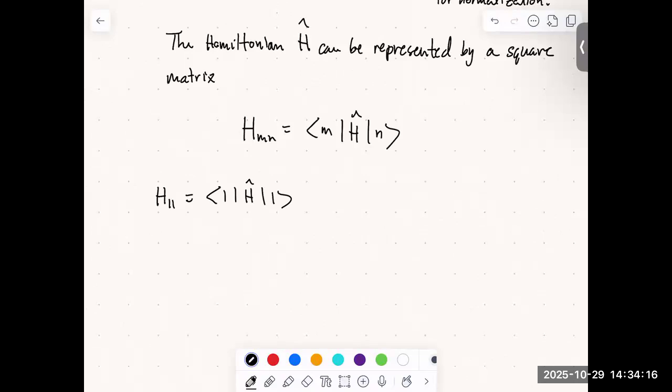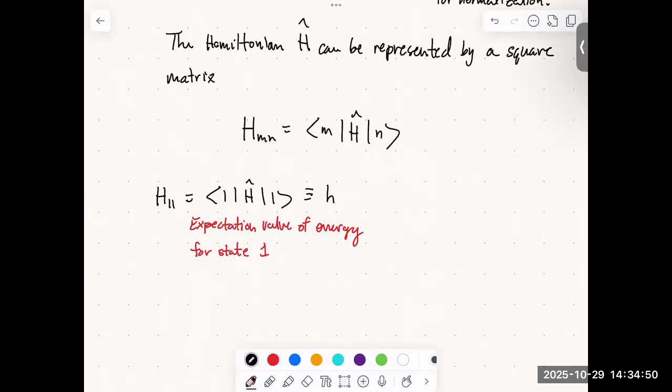And so it's just going to be some number, and I'm just going to call that H, because I don't know what it is yet. It's the expectation value for the energy of state 1. And so we might call that E1 or something like that. So H is like E1.